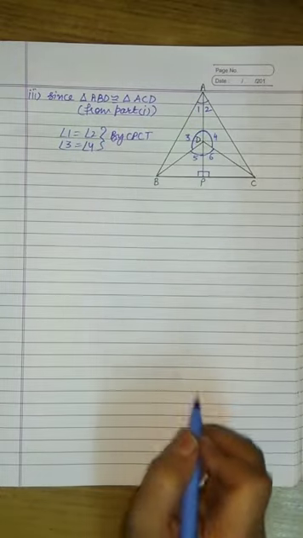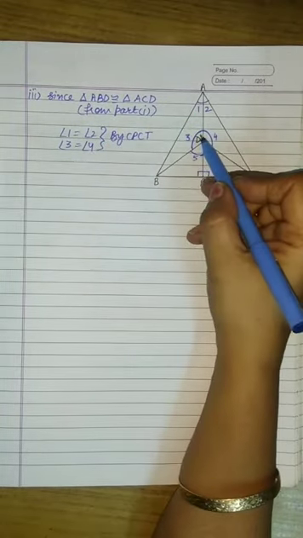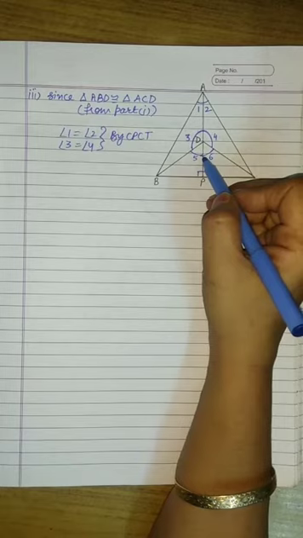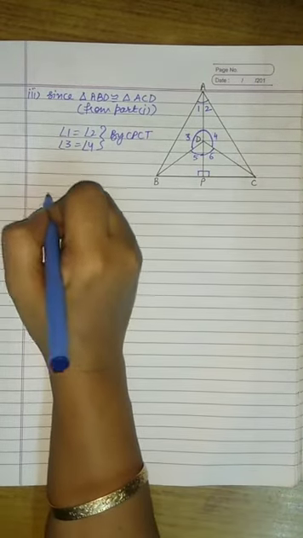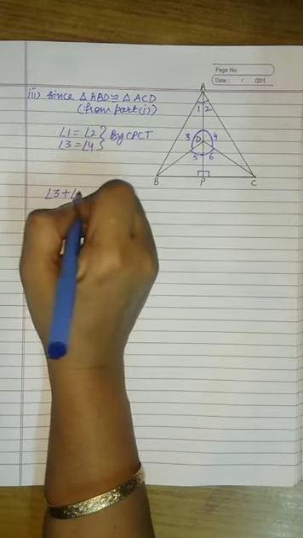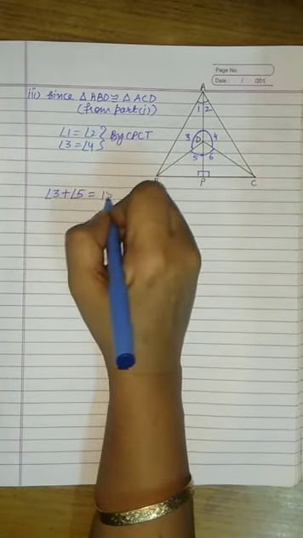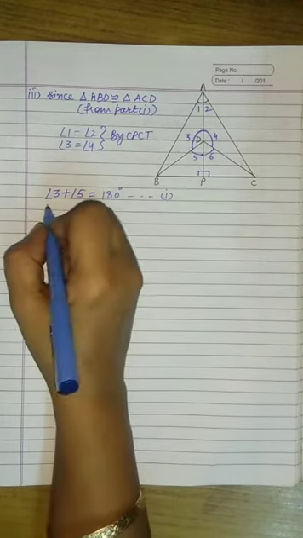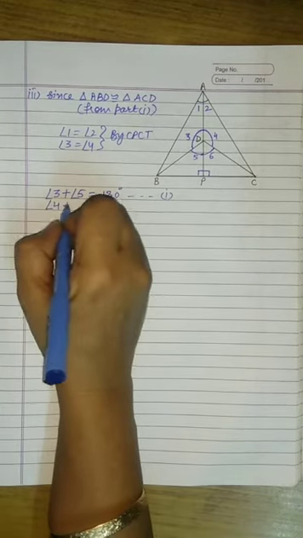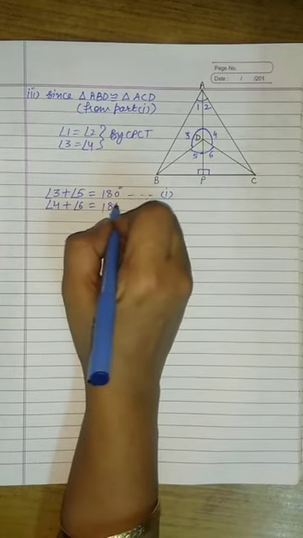Now you can see angle 3 plus angle 5 in the figure is equal to 180 degrees. Let this be equation 1. And similarly angle 4 plus angle 6 is also 180 degrees.